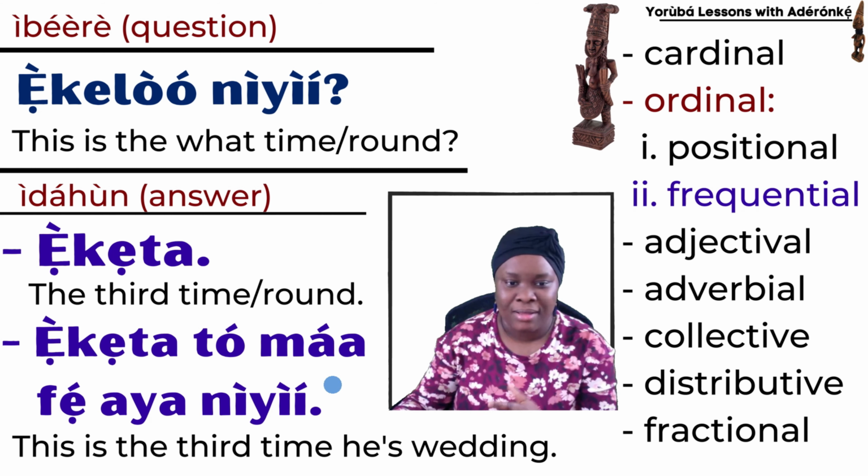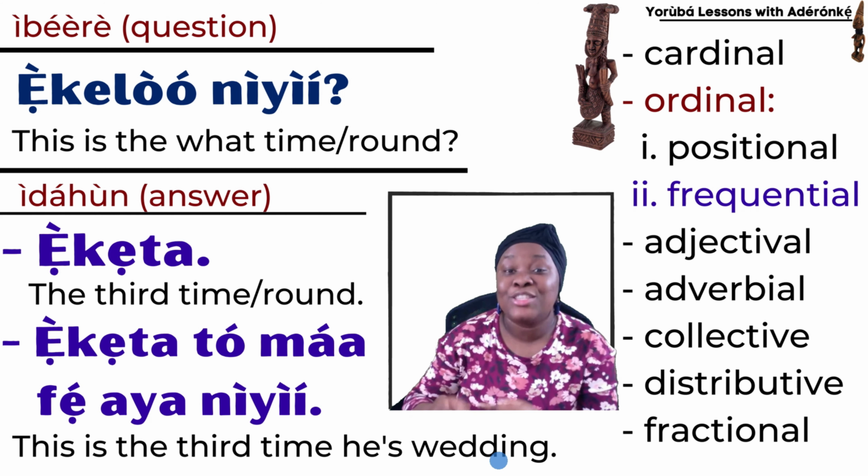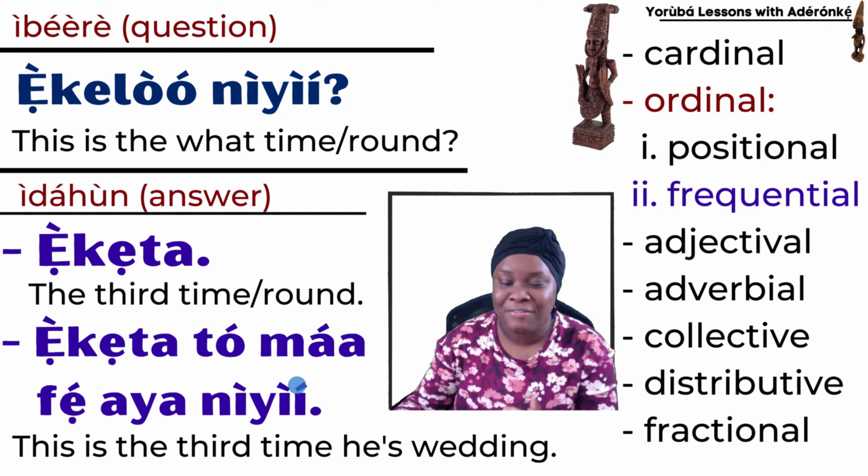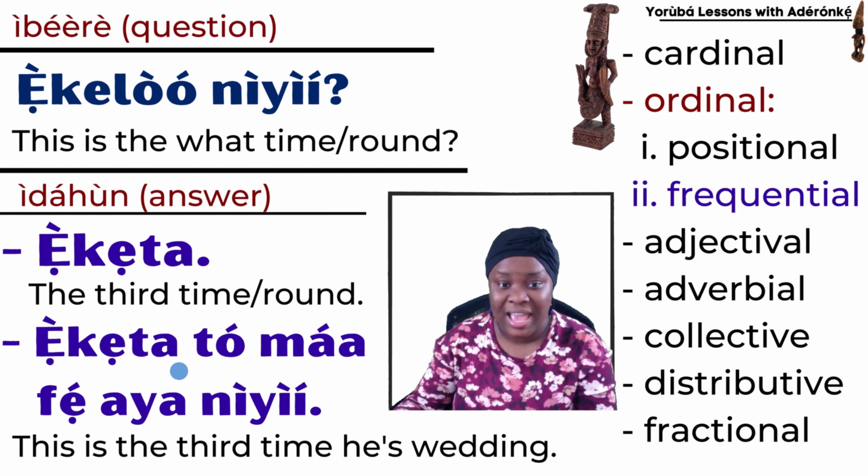Eketa to ma fe aya niyi. This is the third time of his wedding. This is his third round of marriage. It's the third time he's getting married. Eketa to ma fe aya niyi.